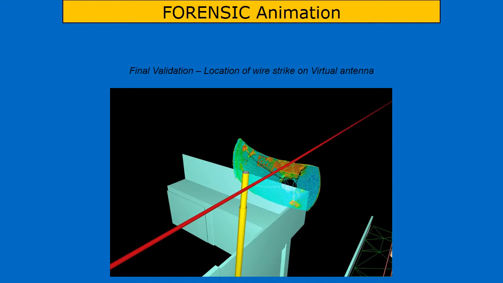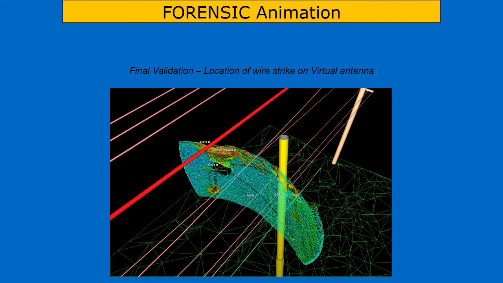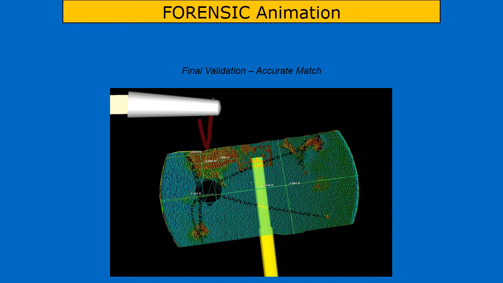But by recreating this using laser scan and photogrammetry, we could actually tell them exactly which wire was hit. And sure enough, it lines up perfectly with that wire, kind of giving us our acid test, showing us that we have visually accurately recreated. This is from a different view. And as you can see, it hits almost exactly where we expect it to see.